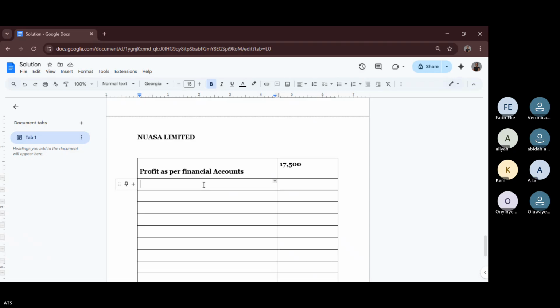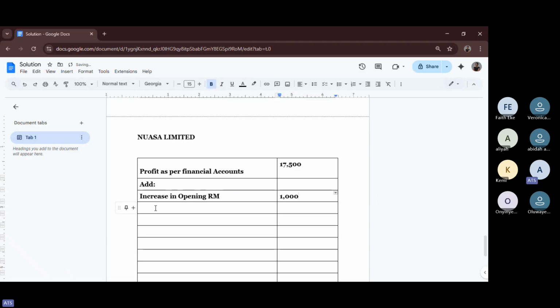So increase in opening inventory. Let's just call it opening raw materials. And how much is the increase? 1,000 naira.